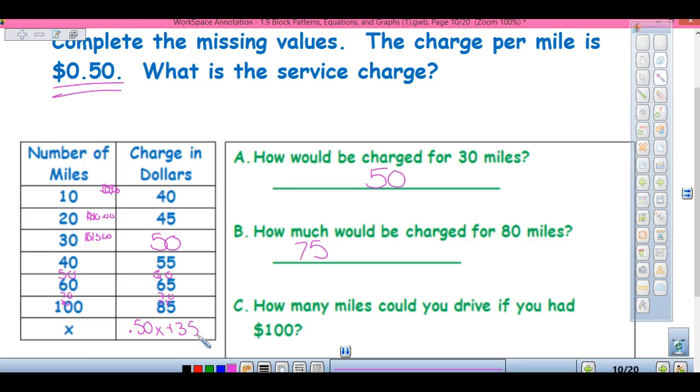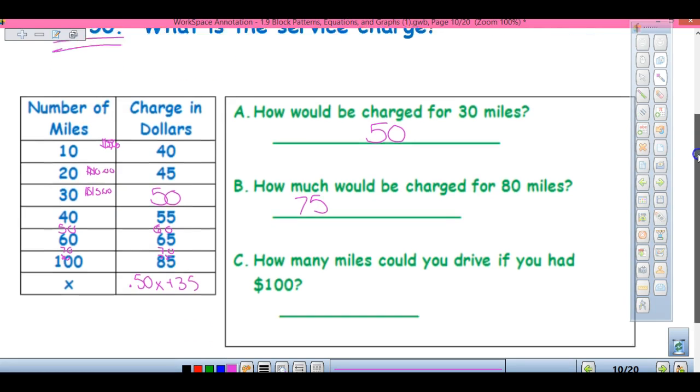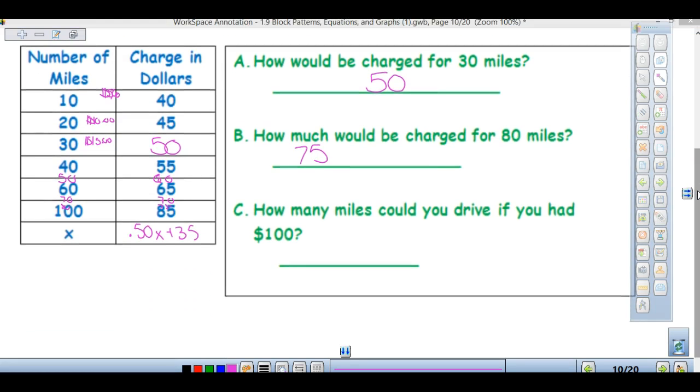So it'd be 50 cents X plus 35. So if I've got $100, we got to figure out how many miles we can go with a $100 bill. So that's where we go 100 equals 50 cents X plus 35.